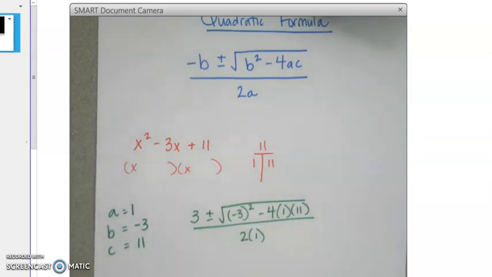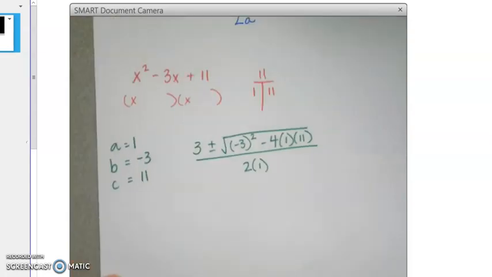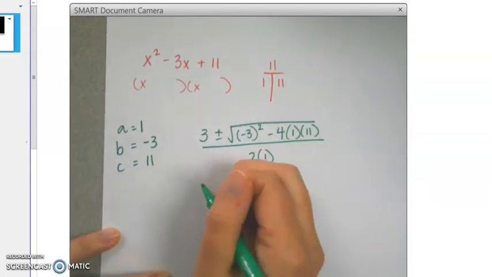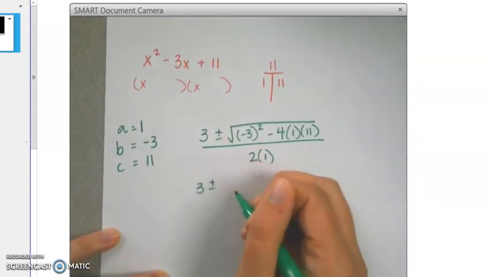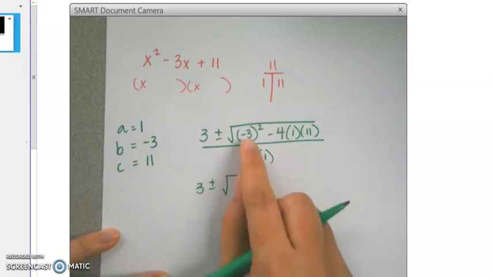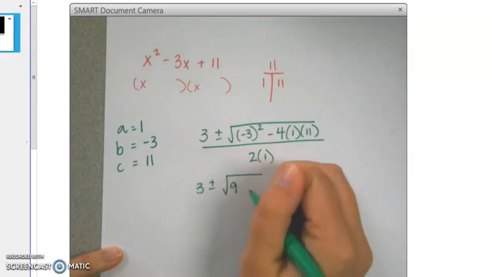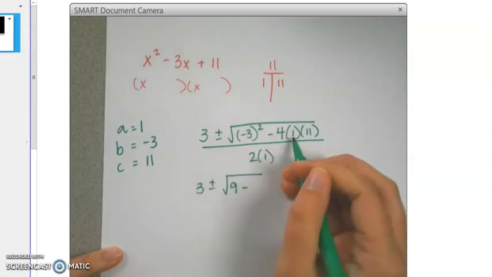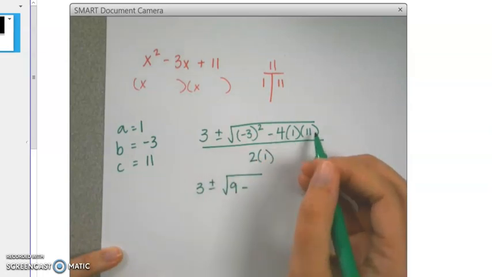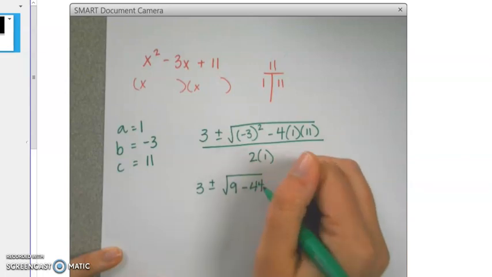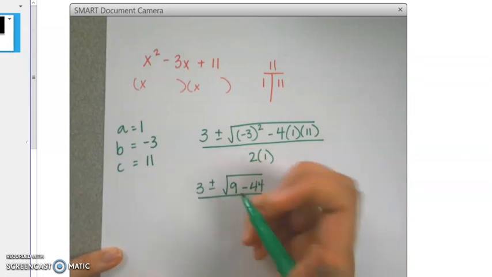So from here we are just simplifying. Just take it piece by piece. We're going to get 3 plus or minus the square root of negative 3 squared, which is negative 3 times negative 3, which is 9, minus 4 times 1 is 4, times 11 is 44, all over 2 times 1, which is 2.